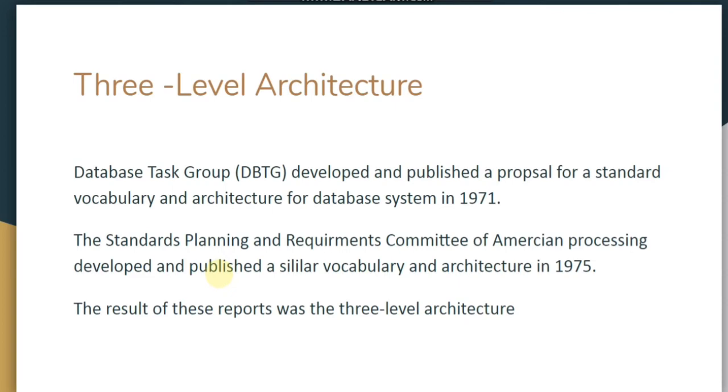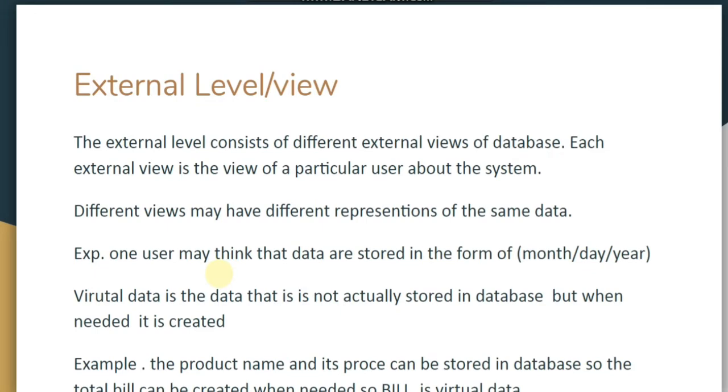So the first concept of the database system architecture is from 1971, and then the same concept was given in 1975. So things are going along one page. The result of these reports was the three-level architecture. These are very important dates related to the history of database architecture.